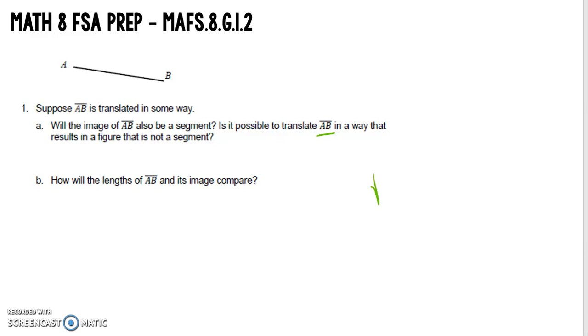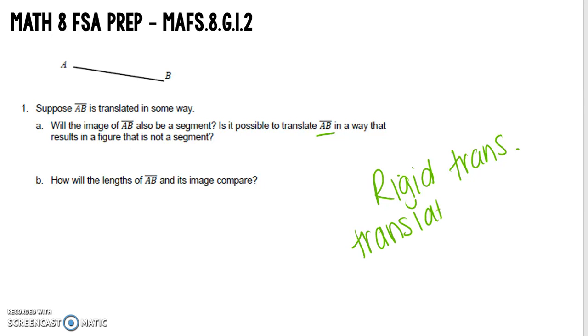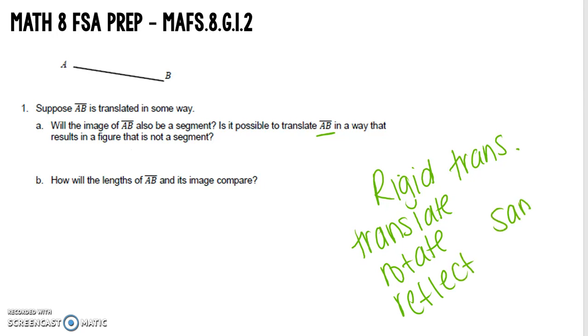So what we talked about is that idea of rigid transformations. If I take any object and I translate it, or I rotate it, or I reflect it, everything about it stays the exact same. That's why it's called rigid.